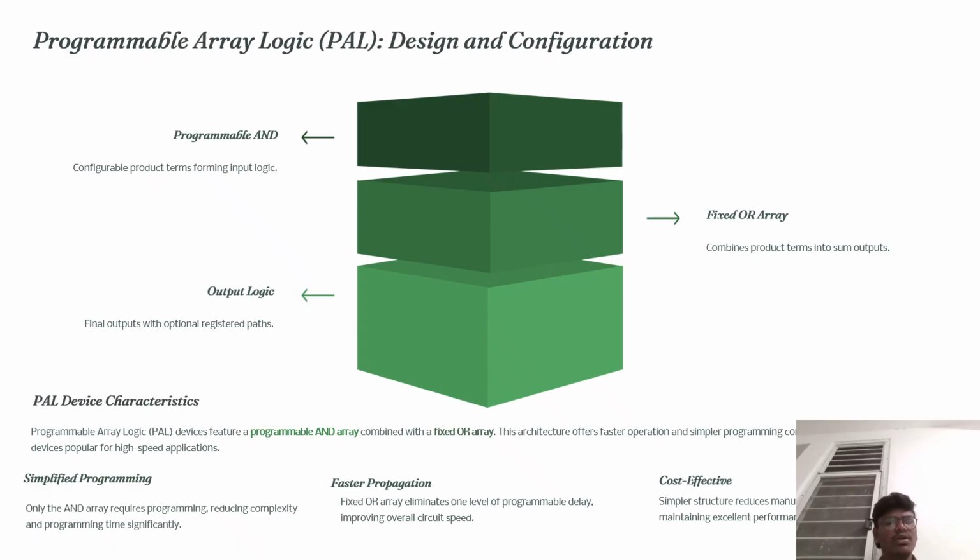Simplified programming: only the AND array requires programming, reducing complexity and programming time significantly. Faster propagation: fixed OR array eliminates one level of programmable delay, improving overall circuit speed. Cost effective: a simpler circuit reduces manufacturing cost and maintains excellent performance.